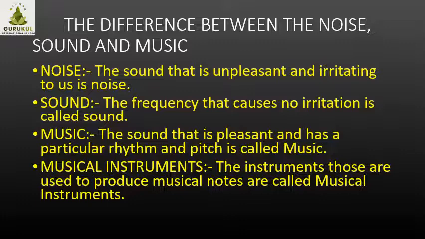Noise is sound that is unpleasant, which never gives us pleasure, or which never makes us happy. That is noise. And it is irritating, it disturbs our mind. That is called noise. So what is the definition of noise? Sound that is unpleasant and irritating to us is noise.